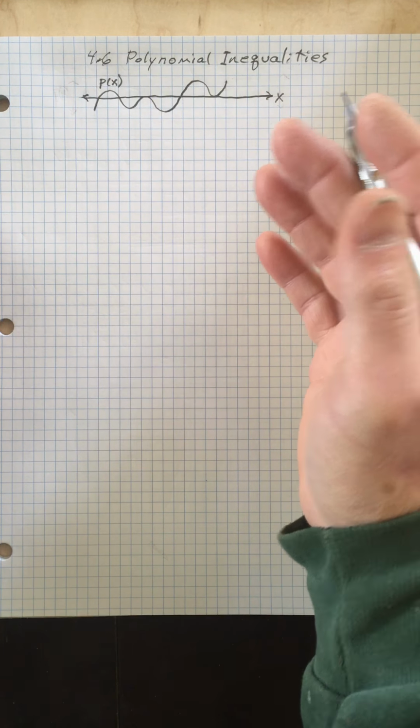So what I do is I go from here all the way out. It stays below or negative here. So what is the solution? -6 to infinity. And in this case, we're going to include -6. So there's one.